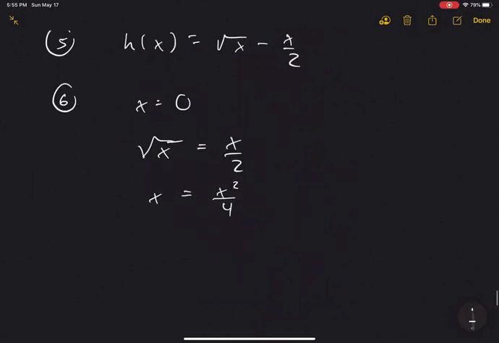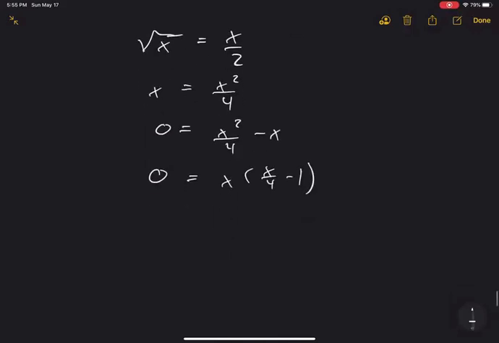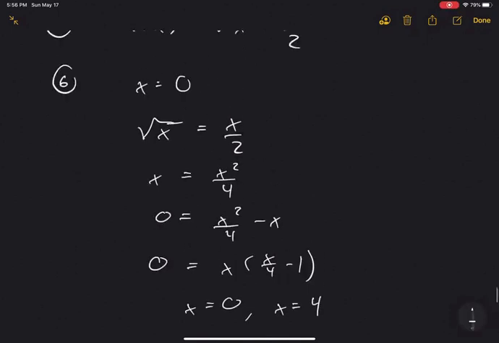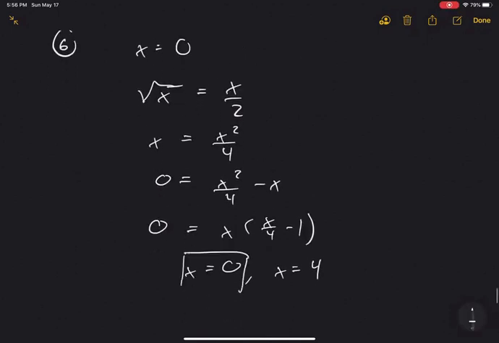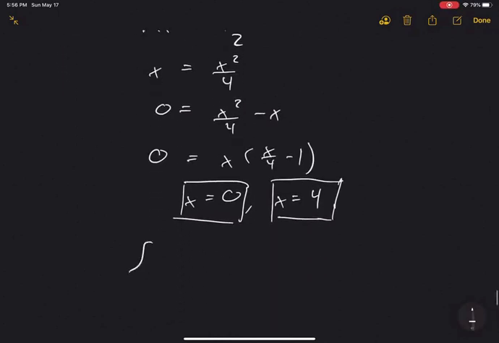Okay, and then let's get everything to one side of the equation. Let's factor. All right, and then this has solutions x equals 0, x equals 4. So we already knew this one. We already saw just by inspecting our graph that the curves intersect at 0. And then this is the other bound, x equals 4. So my bounds of integration need to be from 0 to 4.